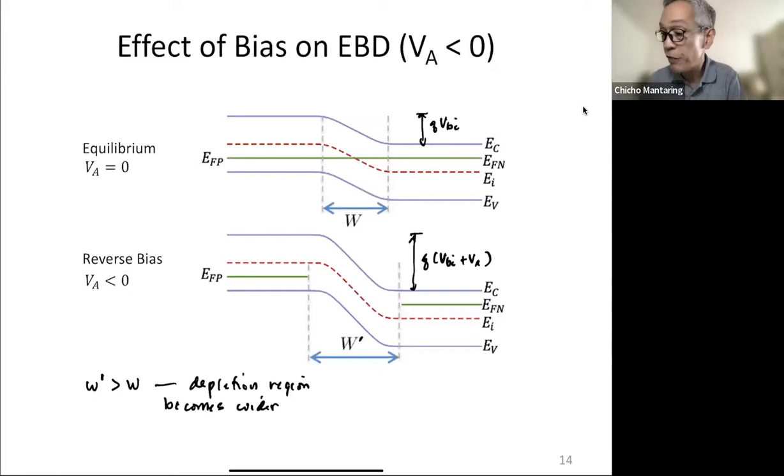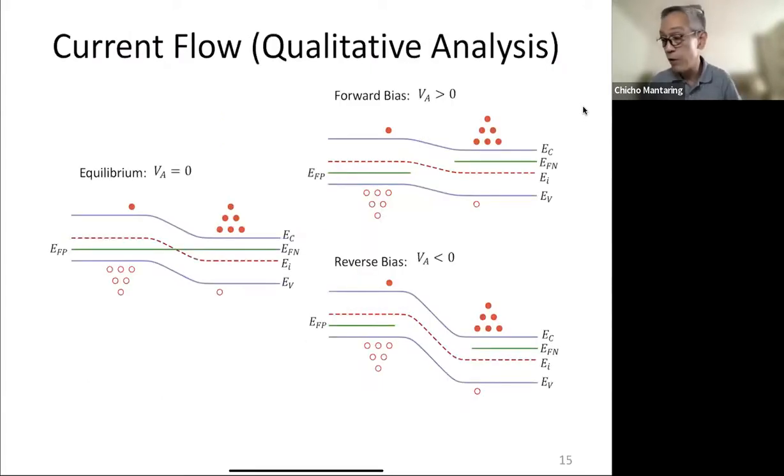From the perspective of current flow, this is what's going to happen. This is how things look at equilibrium. These are my free electrons, and these are my holes. The position of the electron in the energy band diagram describes the energy possessed by that electron, and the position of the hole describes how much energy an electron needs to be able to occupy this hole.